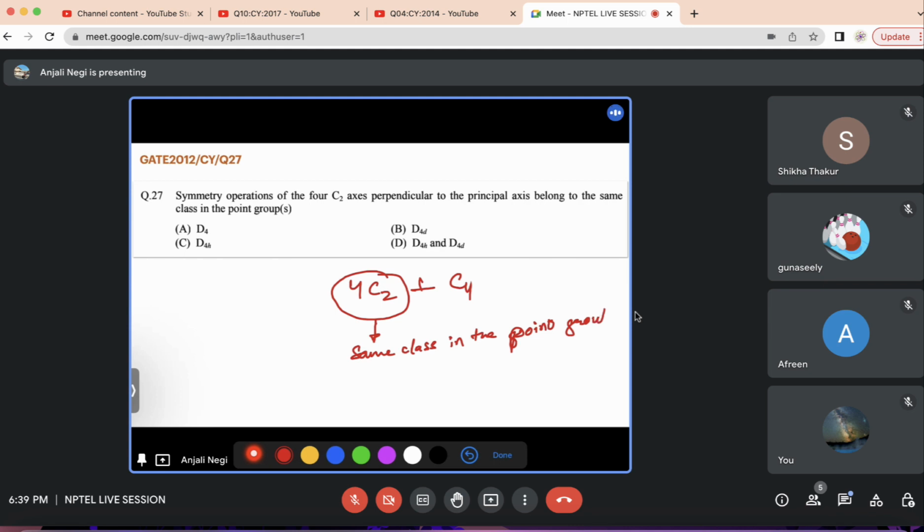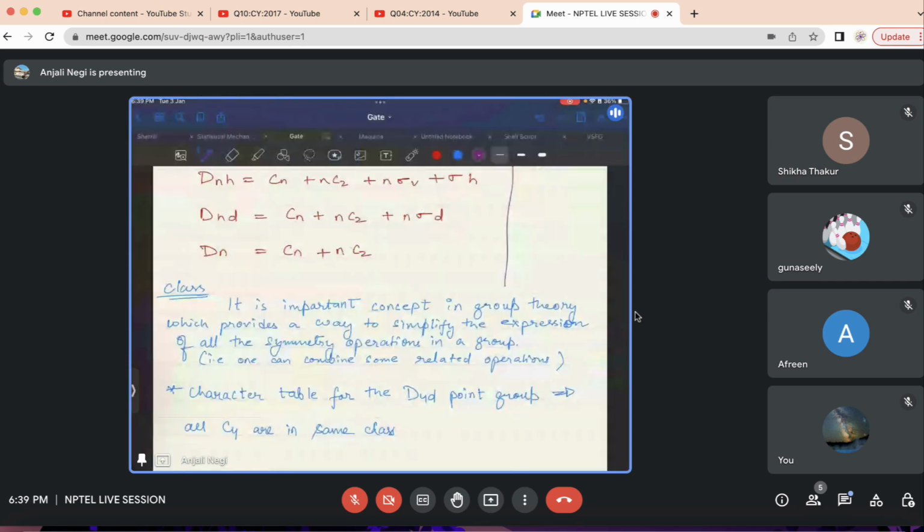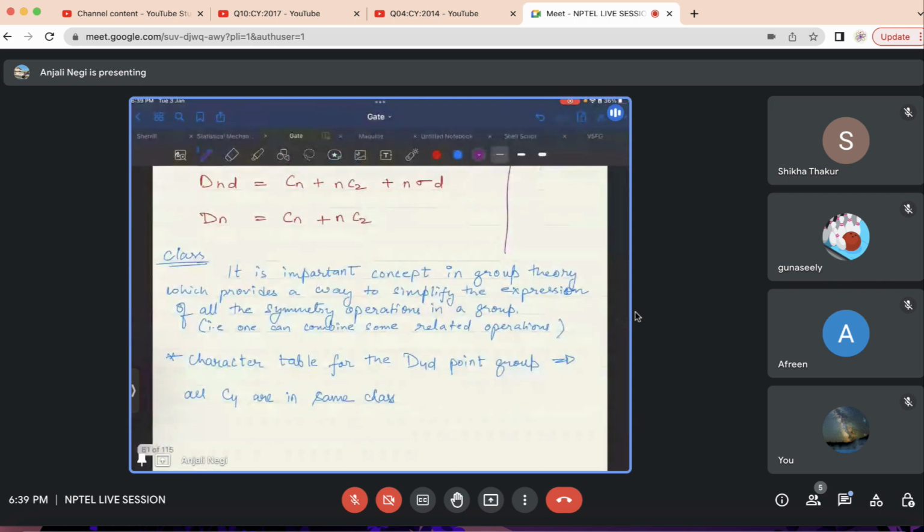So here it is very important to understand what is the meaning of class in the point group. For that, I will recommend you to go through the lecture in the NPTEL course, but for the time being, I will discuss it briefly here. A class is a very important concept in group theory.